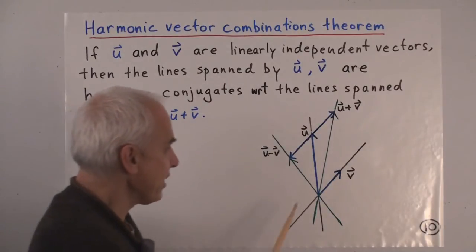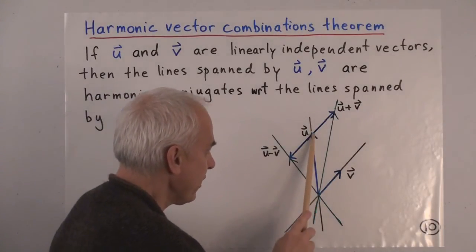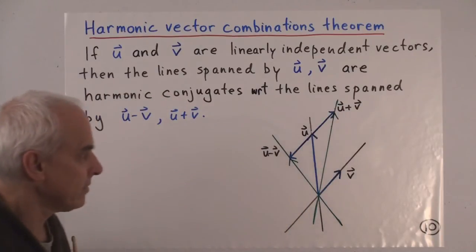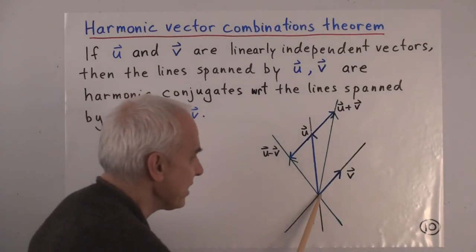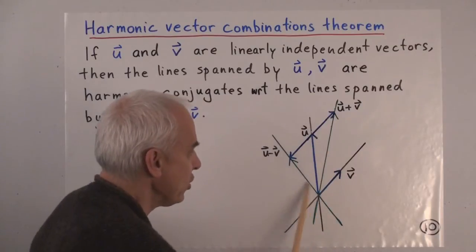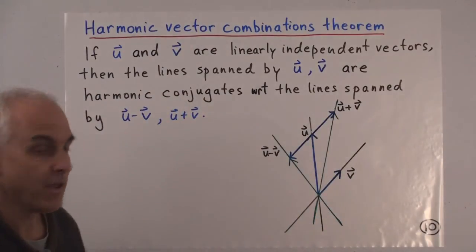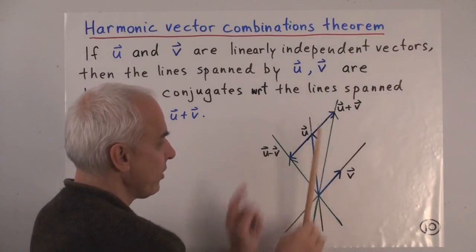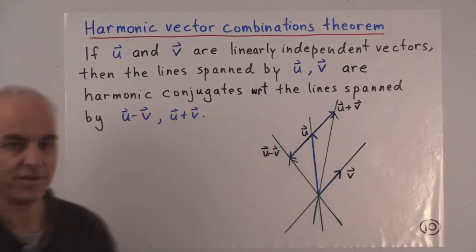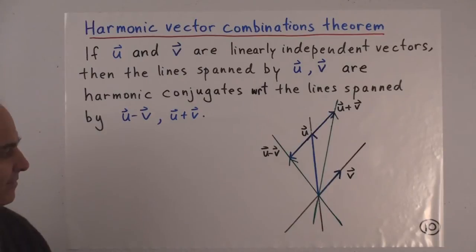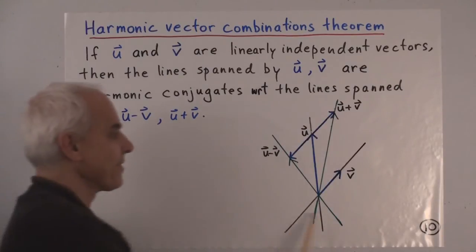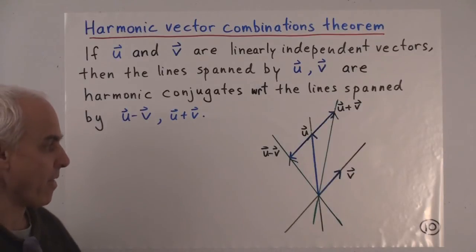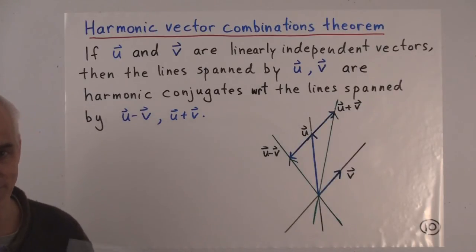And the vector u minus v: there's the vector u, now we're subtracting v. So this is u minus v. So the claim is that u plus v and u minus v form another pair of lines which are harmonic conjugates with respect to the lines through u and v. It's another nice way of easily creating harmonic pencils of lines.